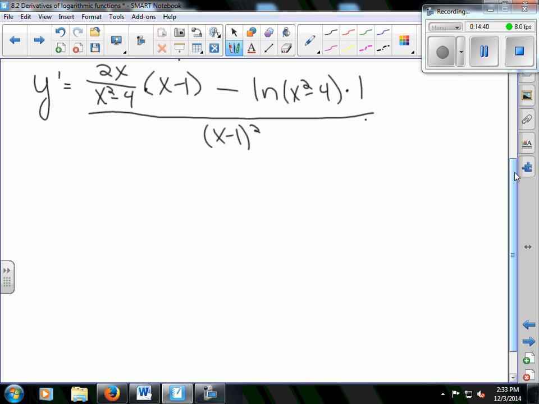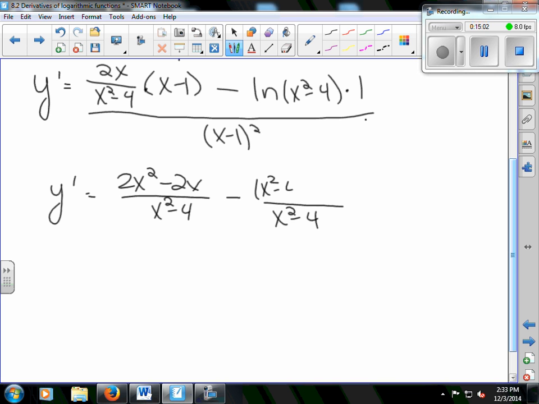In the top, let's get a common denominator of x squared minus 4. Notice I distributed my 2x to the x minus 1. That would be 2x squared minus 2x. And then to get an x squared minus 4 in the denominator here, I have to multiply it to the natural log also.